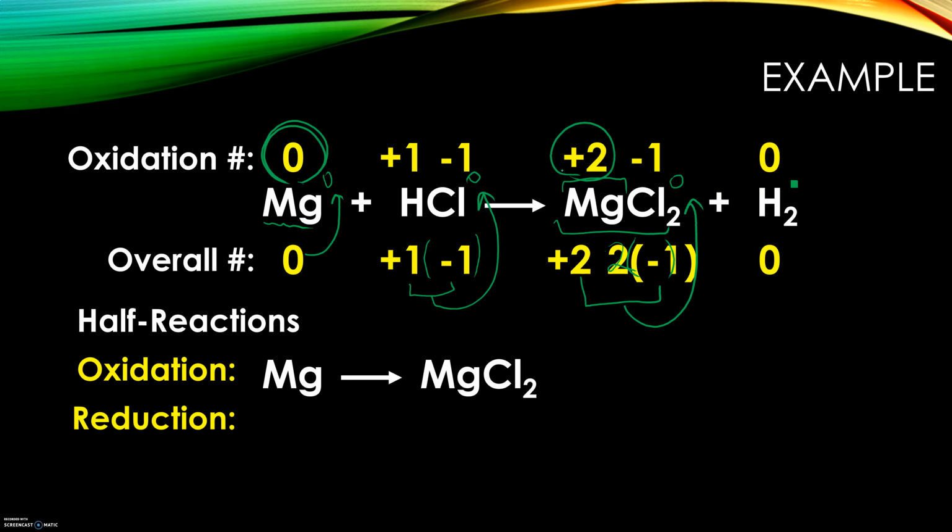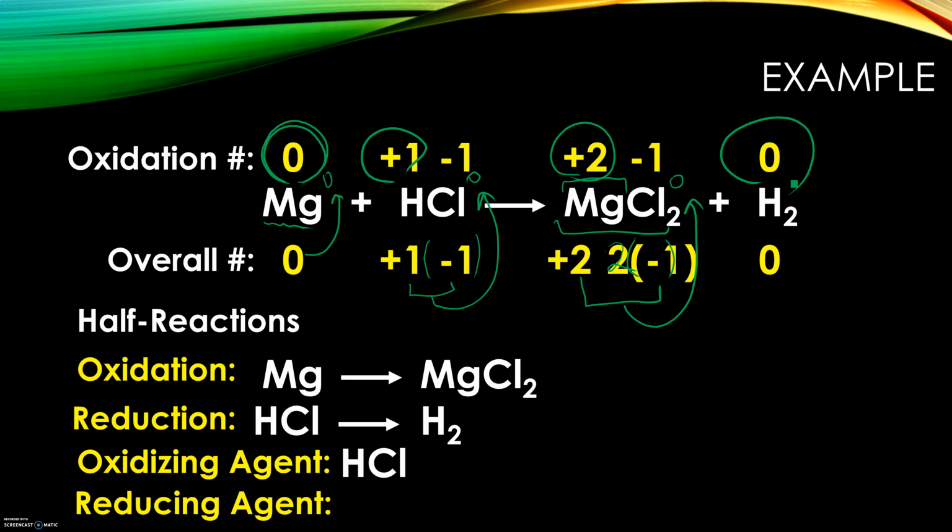So we can write the oxidation half as Mg going into MgCl2. And when we are looking for a reduction, that is gain of electrons, which means the oxidation number goes down, which we can see in HCl going to H2 over here. All right, so this should explain these right there, which then helps us finalize the rest of the oxidizing agent and the reducing agent.